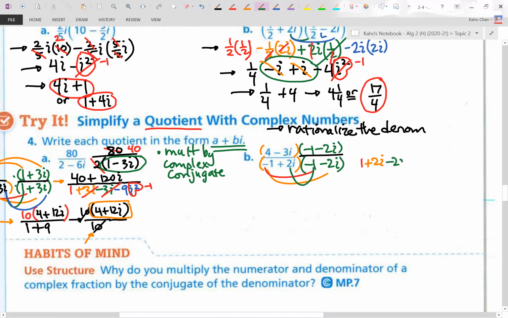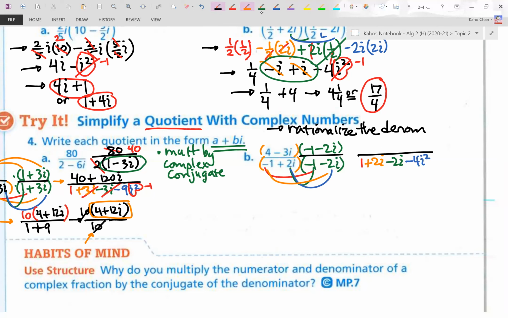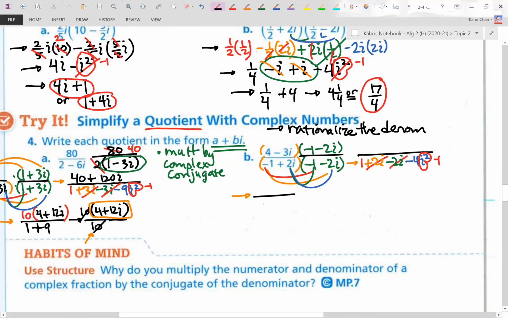I know, obsessed with colors, aren't I? And then finally, for the last terms, minus 4i squared. And the i squared, of course, is -1 right there. And those inner and the outers cancel. And the denominator is 1 minus 4 times -1, which is 1 plus 4, which is 5.